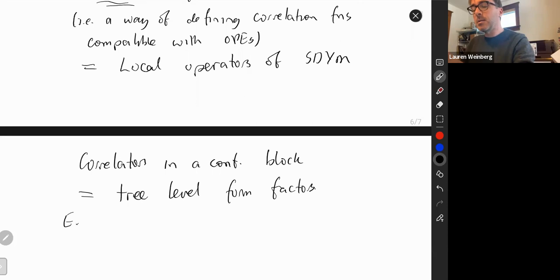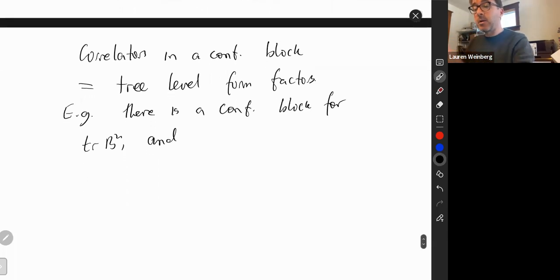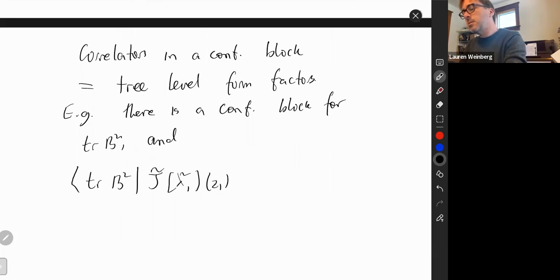So for example, there is a conformal block for the operator trace b squared and its correlation functions. I put in two negative velocity states, and the rest positive.